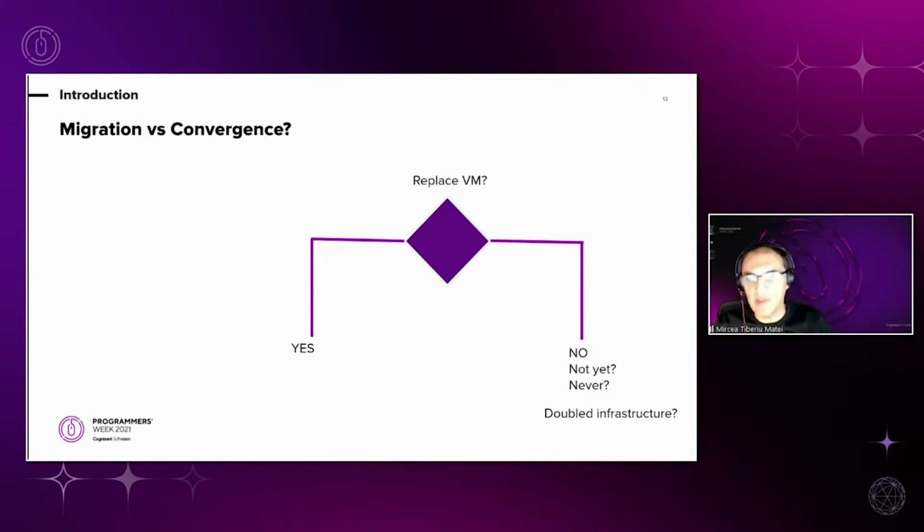Some examples can arise from Windows or Unix applications that are not supported for containerization, at least on Kubernetes, for example. In that case, a doubled infrastructure could solve the dilemma in a very primitive way. We will double our infrastructure and have side by side an infrastructure of VMs and another infrastructure for containers.